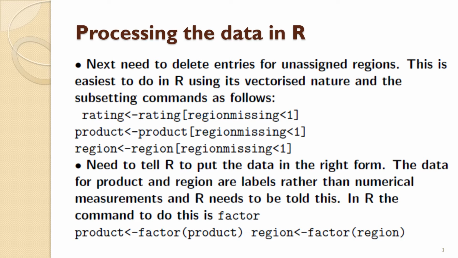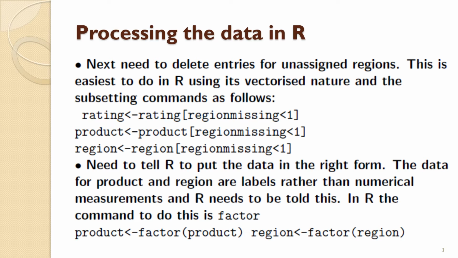Once you've got the data into R, it's easiest to process it using the command line, and the first thing you need to do is to delete the entries for the unassigned regions. This is easy to do in R using the vectorized nature of R and these subsetting commands.